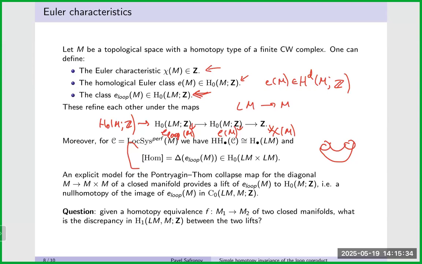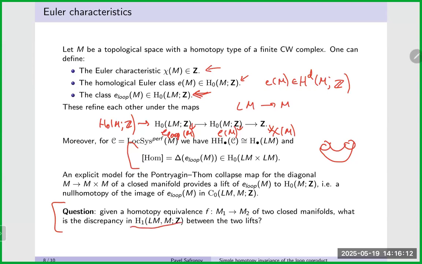And so to understand the homotopy-invariance property, you want to know the following thing. If you have a homotopy equivalence of two manifolds, for each manifold you have this sort of intersection product and trivialization of the loop Euler class. And how do these two differ? You can have two non-diffeomorphic manifolds which are homotopy equivalent. And so you want to know how the two trivializations change under this homotopy equivalence.